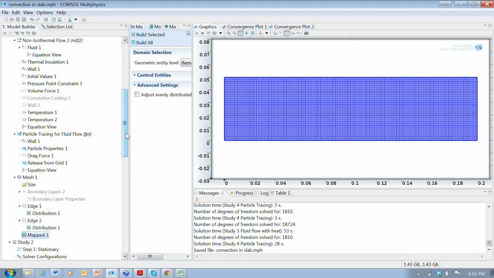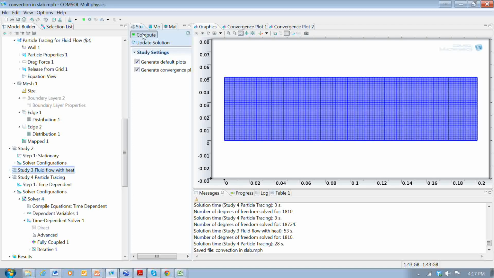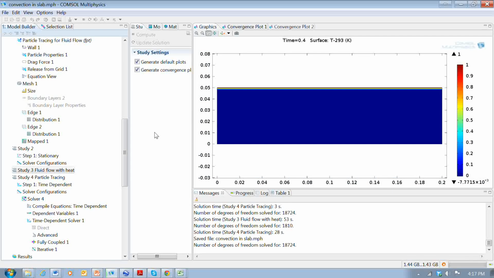So you're going to have a trade-off between the runtime and the resolution, and so you might want to experiment around with this. Probably do it fairly coarse at first, and then make it finer to get better resolution. So the first thing that we need to do is run the fluid flow with heating, and so I've got the set up so I can view the results.